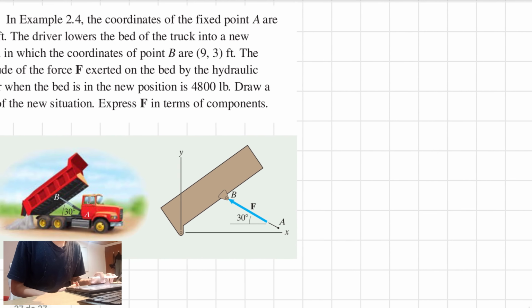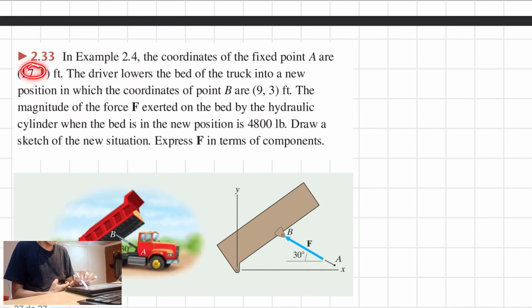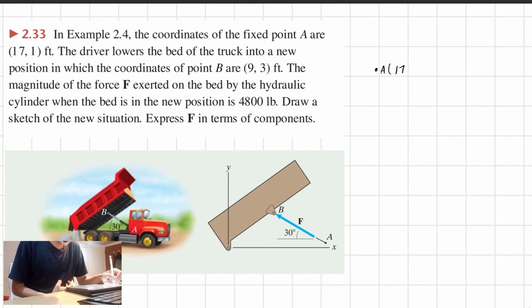Alright, so we're going to start determining the vector using the coordinates that we have right here. The coordinates for point A are just 17 and 1. In the case of B, we have 9 and 3.